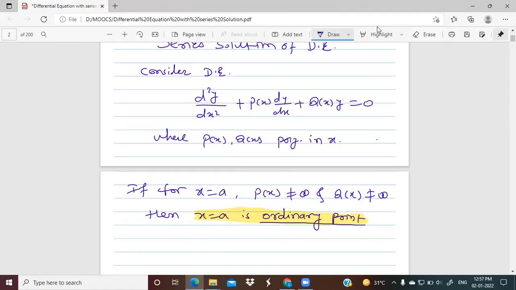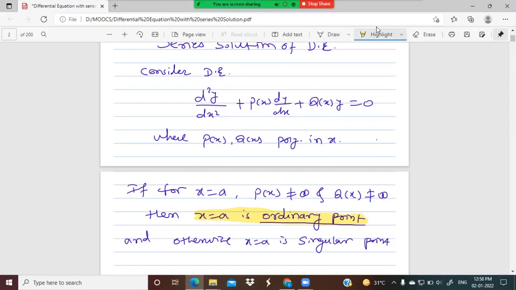On that point, if our function is discontinuous, then we are not taking it as ordinary. Then we say that these are not ordinary points; these are the singular points. Otherwise, x equal to a is a singular point if at this point our function becomes infinite.